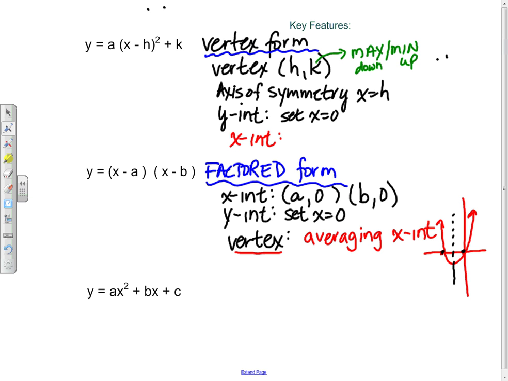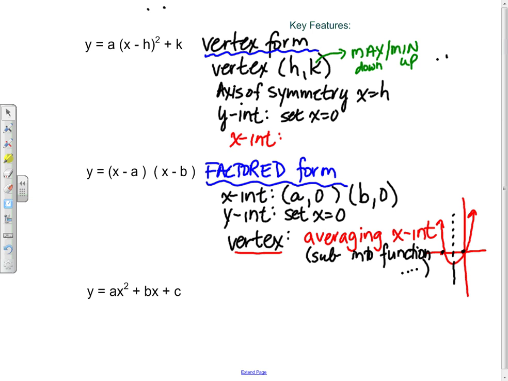We can find the middle quite easily by averaging. That will give you the x value of your vertex. To find the y value of your vertex, you would sub that number into the function and solve for y. So for this particular form, we can find everything. It just might take us a bit of work to get there.